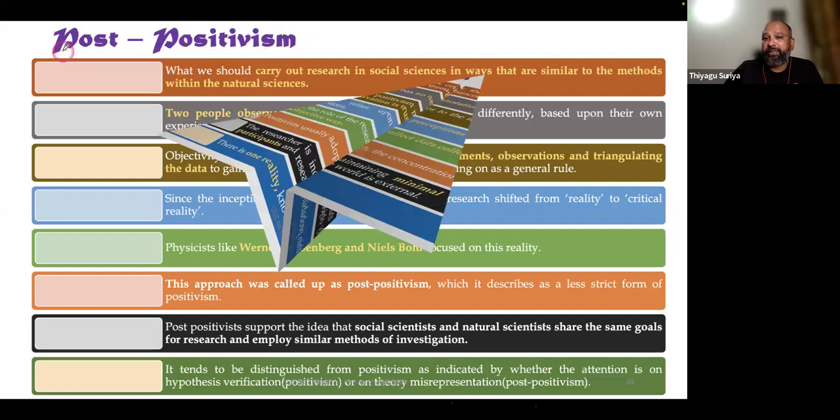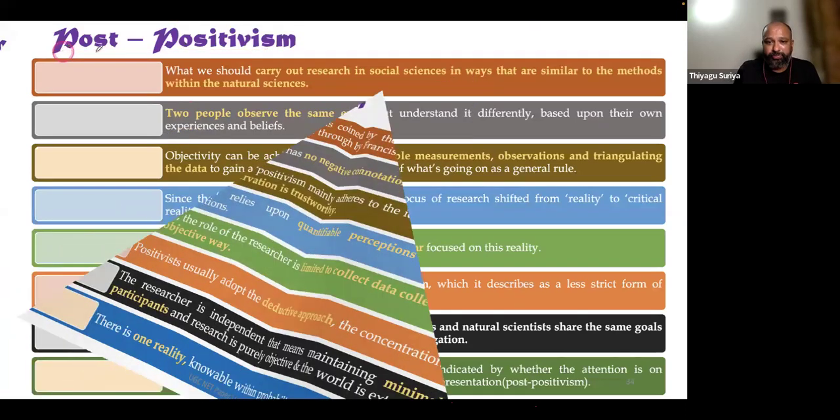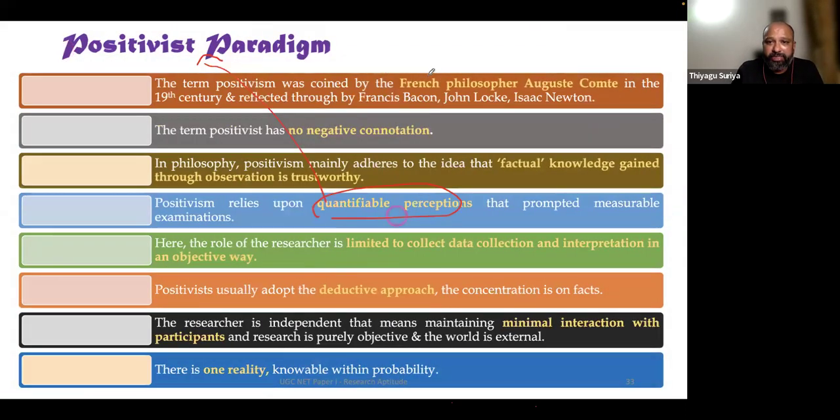You must also know the contributor's name: the French philosopher Auguste Comte. He introduced the term positivism, and by positive he means quantifiable. Positivism is nothing but quantity, QUAN. Okay, quantifiable measure.